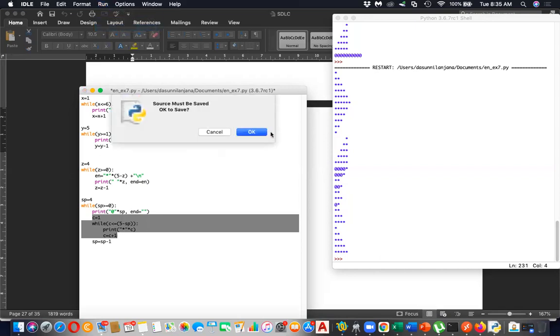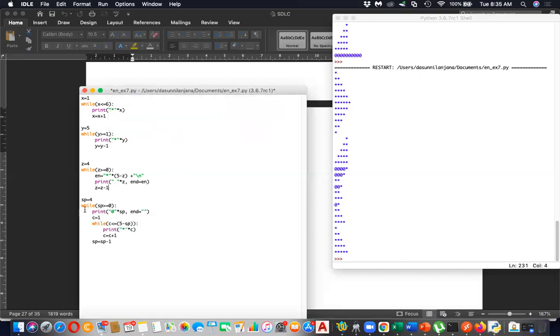It is indented under this. Here, this space says it belongs to the first loop. This also belongs to the first loop, but this belongs to the second loop.